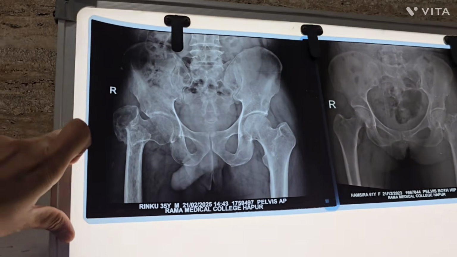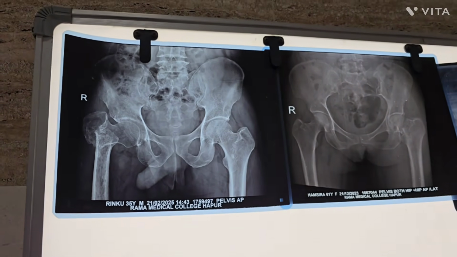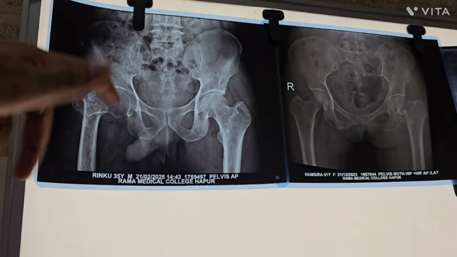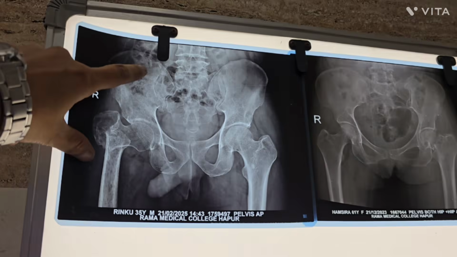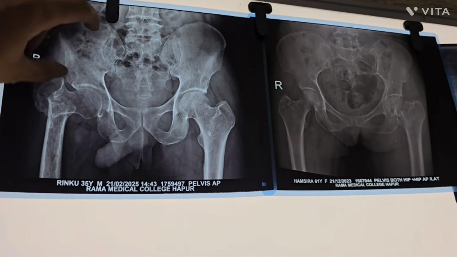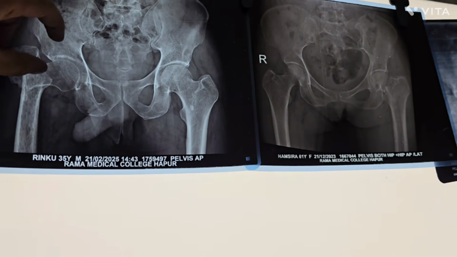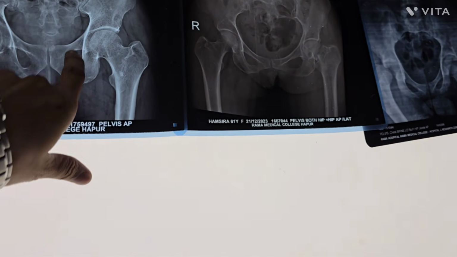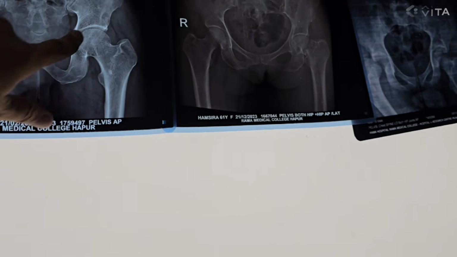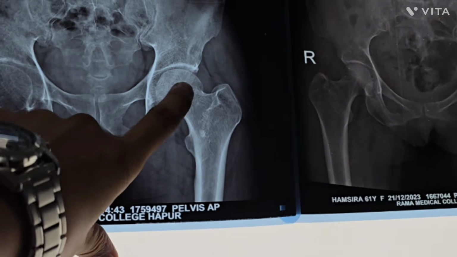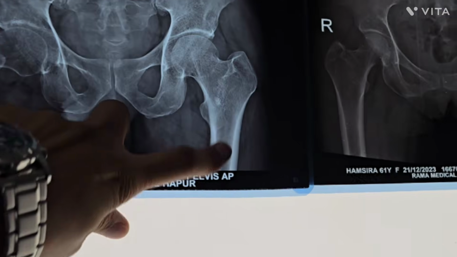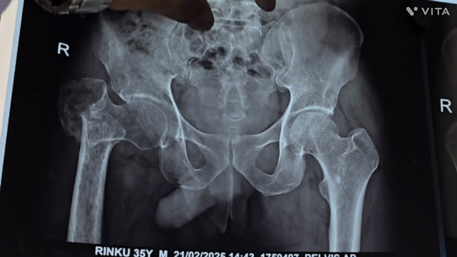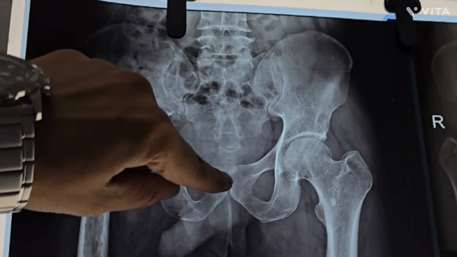In the hip you can also say it like this: this is the X-ray of a skeletally mature patient taken in AP view with no rotation and adequate exposure, showing the pelvic bone, ilium, ischium and pubis, then the head of femur, neck of femur, proximal part of the femur as well, and some lower part of the vertebra and the sacrum and coccyx as well.